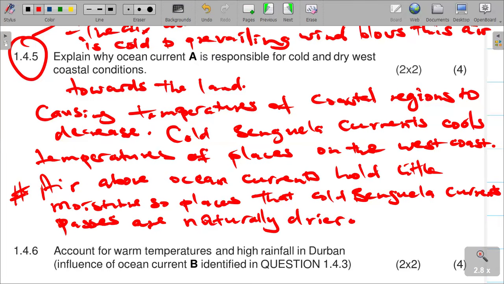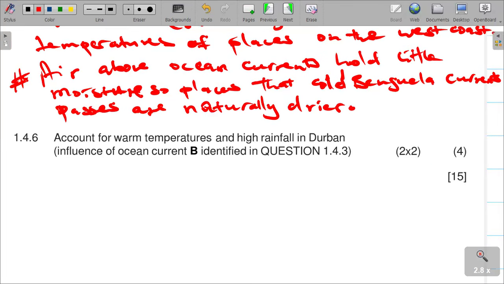The places are naturally dry because the air mass that moves through them only has the capacity to hold little moisture. It causes the places to be dry because the air mass is just cold and cannot contain more moisture in it.